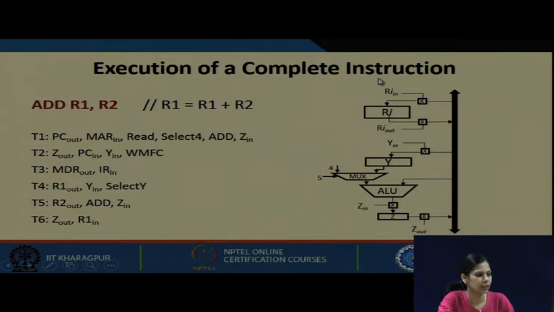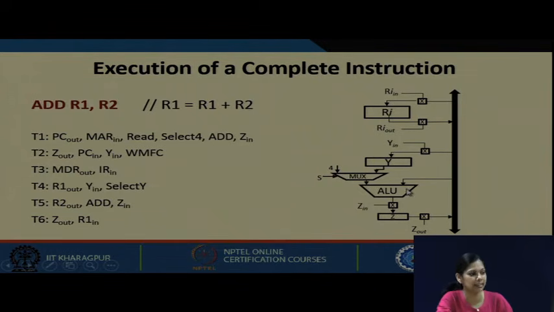When you do PC out, it is available on this bus, and from this bus it is directly connected to one input of the ALU. Once you do PC out, it is automatically available here, and then you are putting that address in MAR, activating the read control signal, and at the same time doing select 4. If we select 4, then this particular input will have 4.